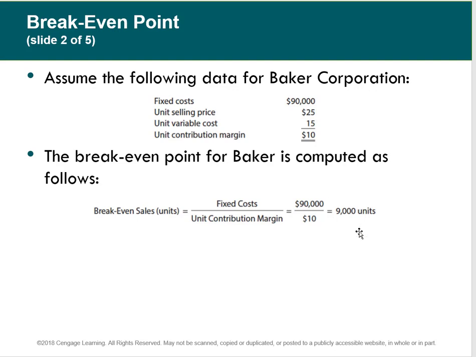And that would be our break-even, in units. So if I sold 9,000 units, it'd be 9,000 times $25, which would give me $90,000. That would be my break-even, because my contribution margin then would be equal to my fixed costs.